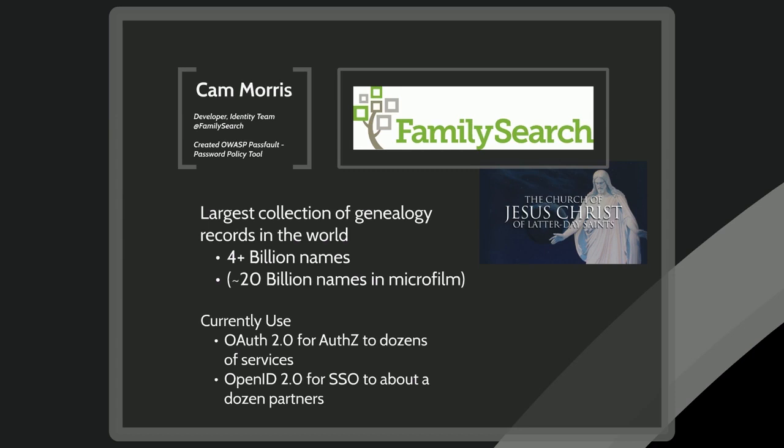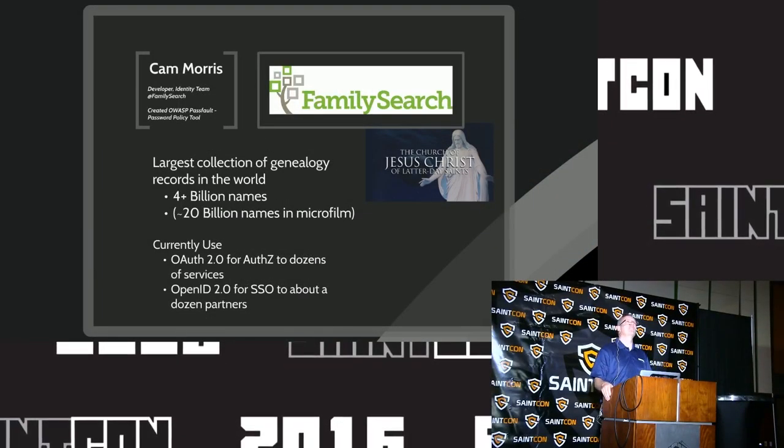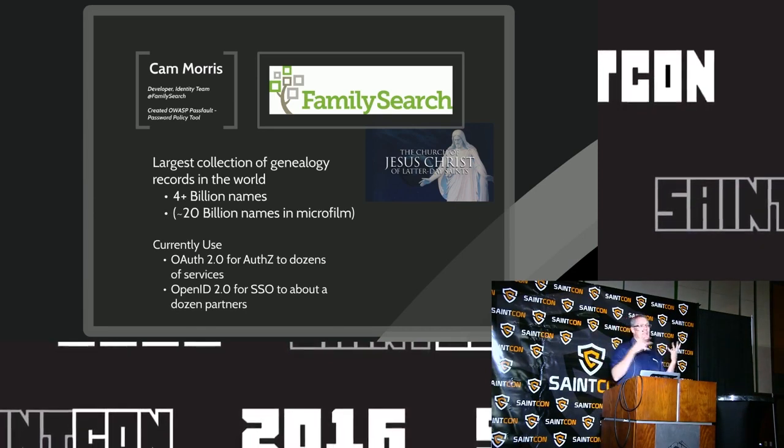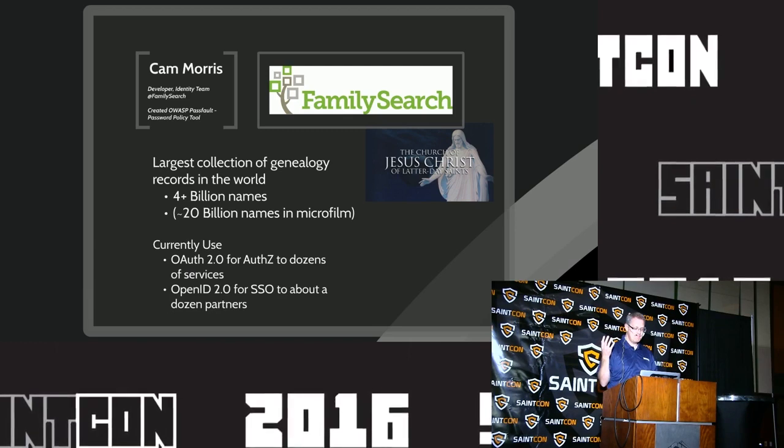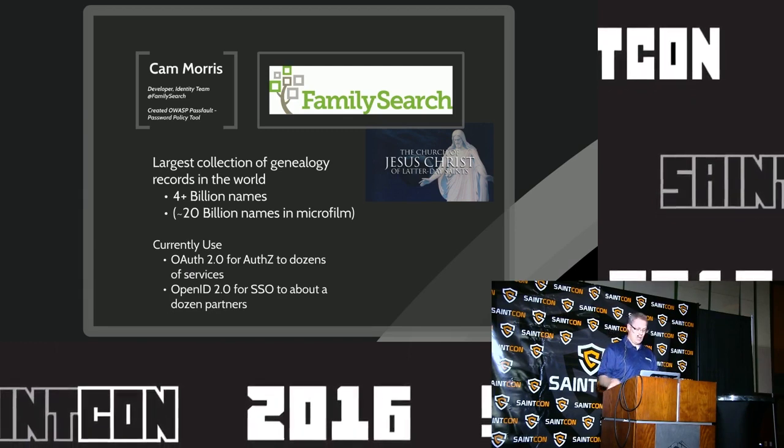To get all of this done, we're expanding out to partners. You've probably heard of Ancestry.com, Find My Past, Mozilla, JanaeaNet. We need to be able to integrate with these partners, and we do that with OAuth2 and OpenID.